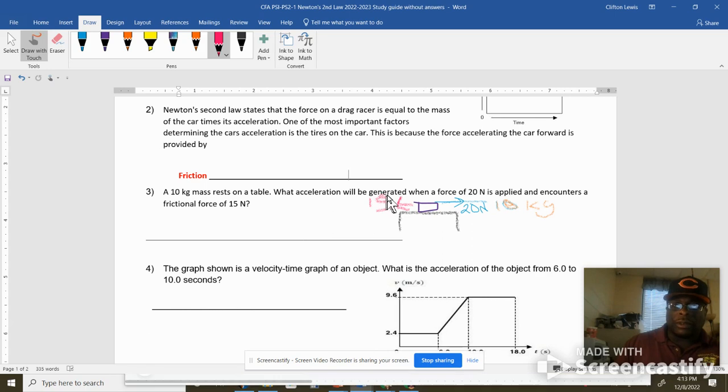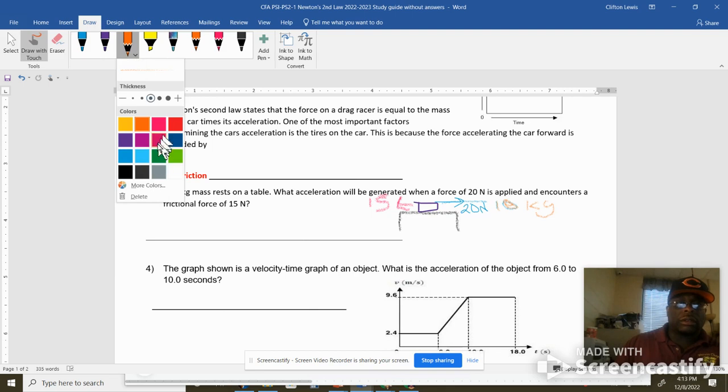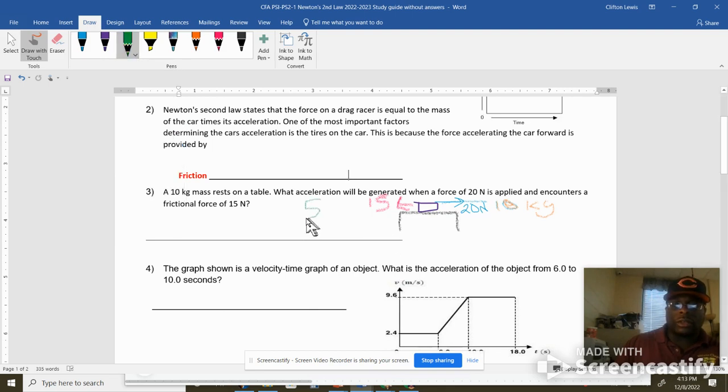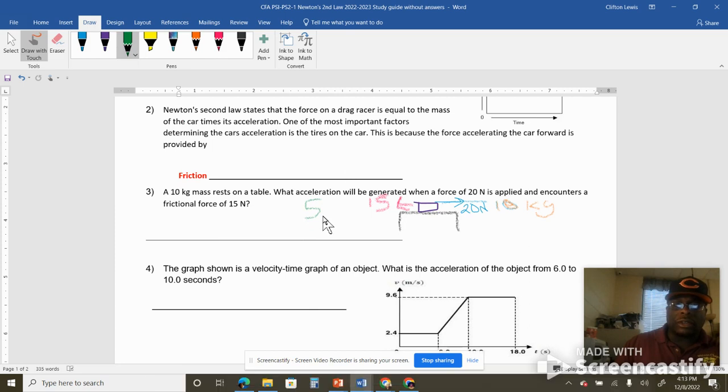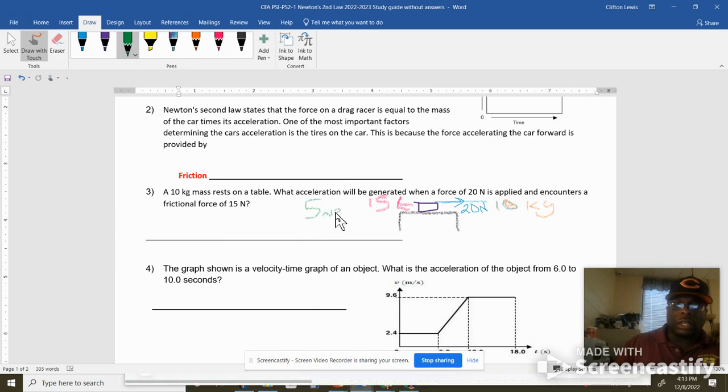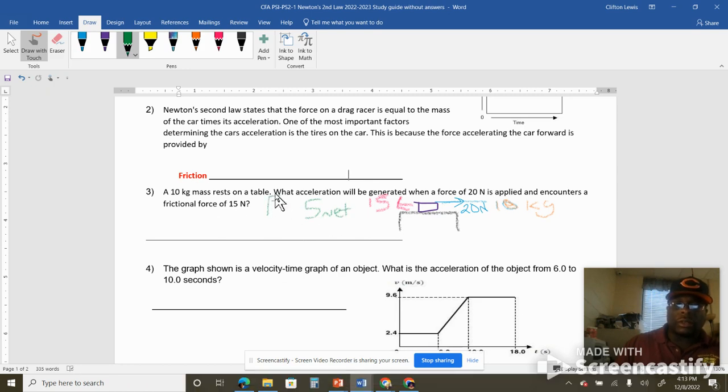So the difference of those forces is 5. So I have a difference of 5 for my net force. Net force equals 5.